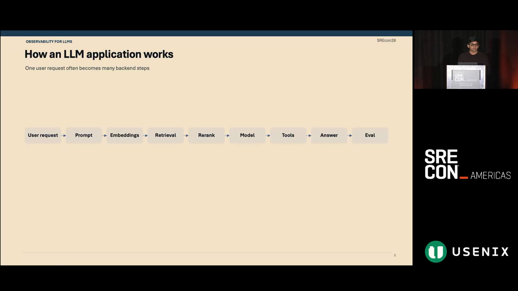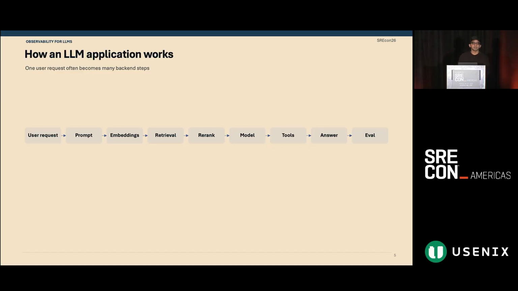So let's talk about how an LLM application actually works. Usually, people think of LLM applications as: the user sends a request and the model responds with an answer. However, a more realistic workflow looks like the following. The user sends a request, the application creates a prompt, it may also create embeddings, it may retrieve relevant documents by searching through a vector database, and then it may re-rank those documents.